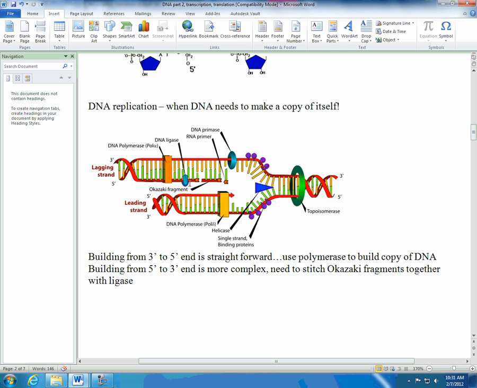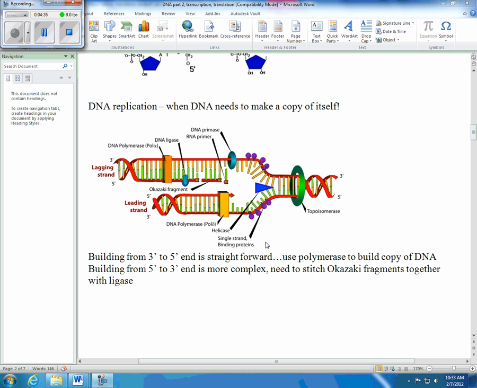The ligase is what allows that phosphodiester bond to form. And if you notice on this visual, it's still showing that the complementary base pairs aren't hydrogen bonded yet, and that's where the DNA polymerase comes into play. So the key thing is that this is just a little more complex than going from the 3' to 5' end.